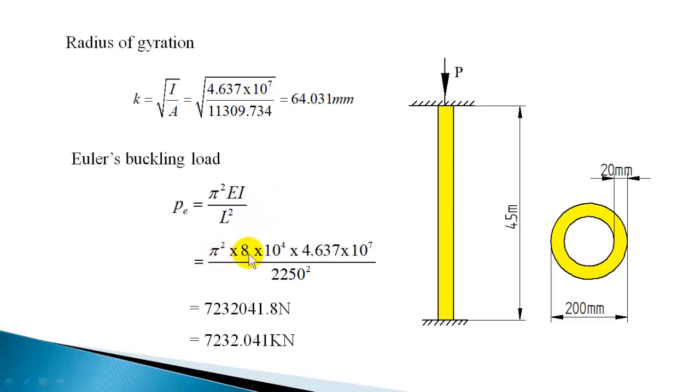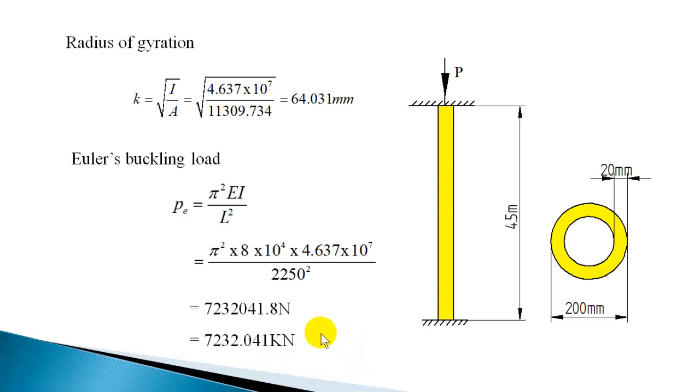So pi square into Young's modulus, 8 into 10 raised to 4, I value 4.637 into 10 raised to 7, and effective length 2250. Substituting that, you will get the crippling or buckling load as 72,32,041.8 Newton or 7,232.041 kilonewton. So this is the buckling load given by Euler's formula.